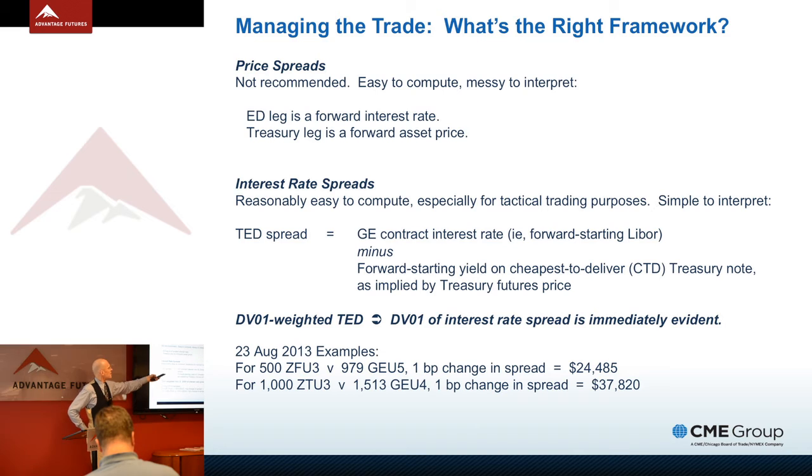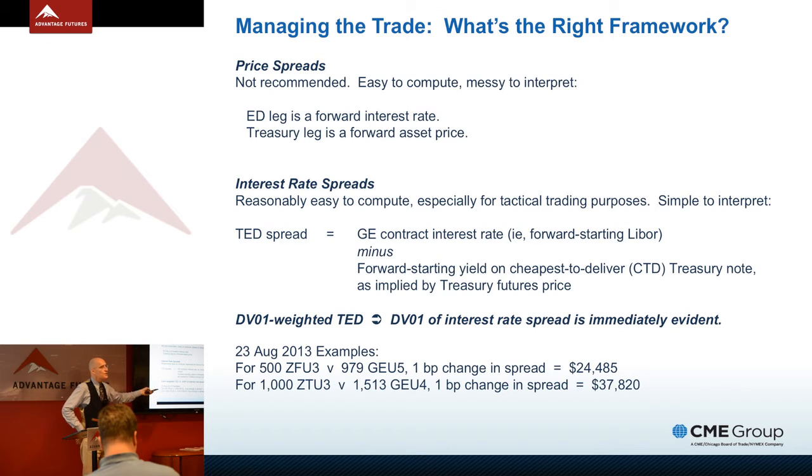And it's going to be just this. It's going to be the euro-dollar contract interest rate, that's a forward starting 3-month LIBOR, minus the forward starting yield on whatever treasury note is cheapest to deliver into the futures contract. And that yield will be based on the treasury futures price.